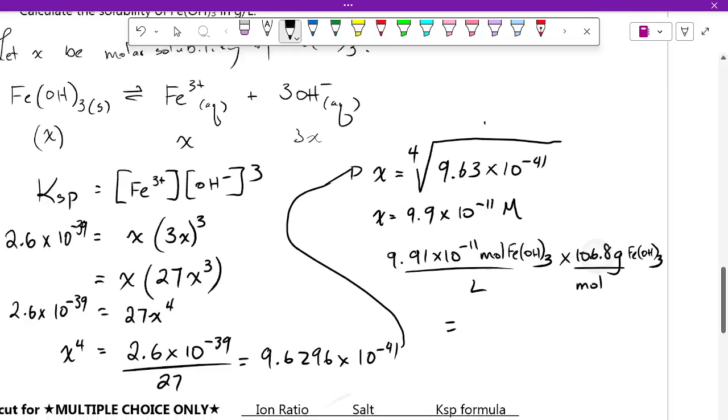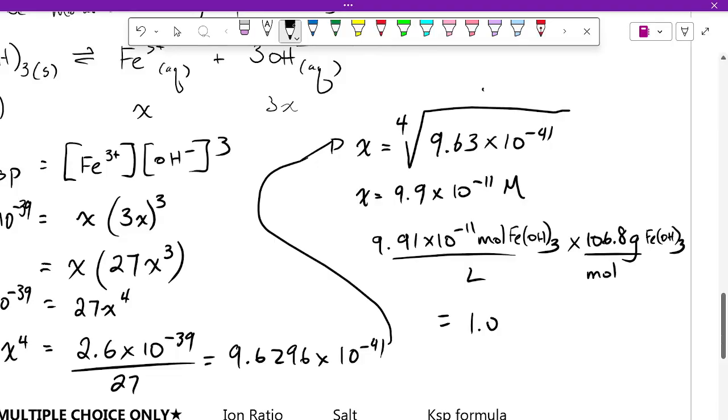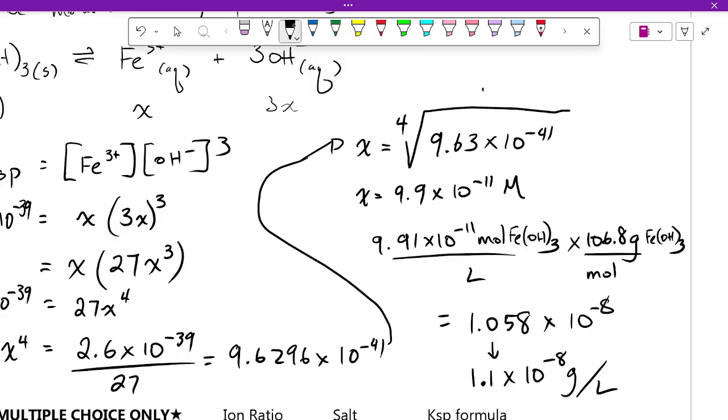And we get 1.05758 times 10 to the negative 8, which would then become 1.1 times 10 to the negative 8 grams per liter.